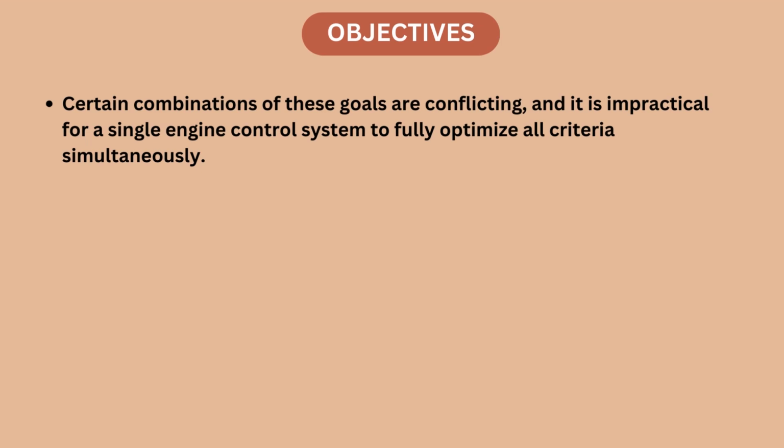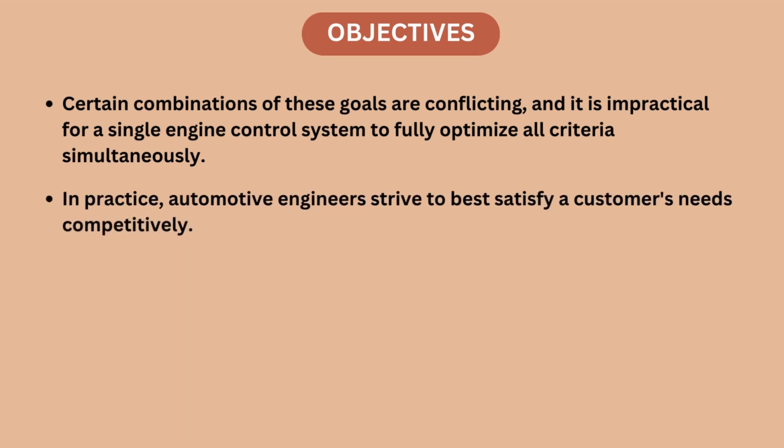Certain combinations of these goals are conflicting, and it is generally impractical for a single engine control system to fully optimize all the criteria simultaneously. So generally we strive to best satisfy them according to the customer's need, depending upon the power plant or the kind of power or efficiency we need.